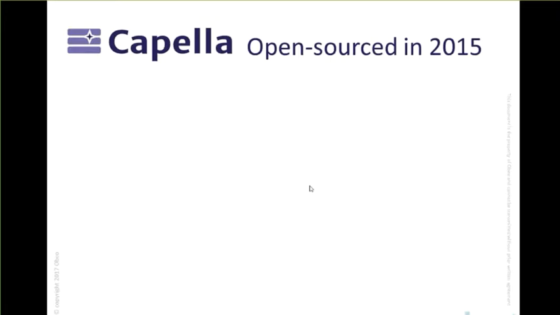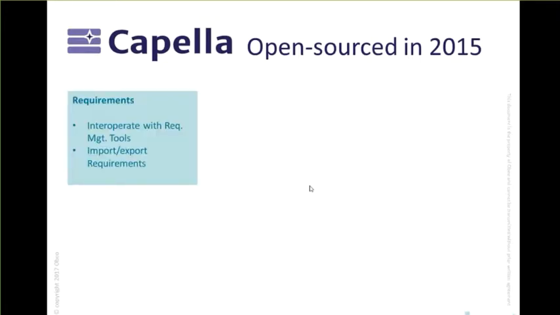And while collecting these, three major topics were identified as having a major interest for the community of Capella users. The first topic was the management of requirements, how to integrate with requirement management tools, import-export requirements, and so on.